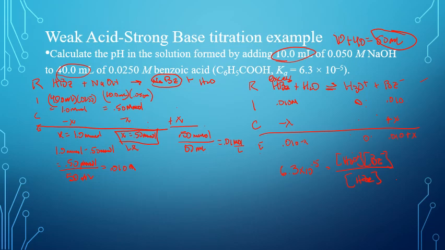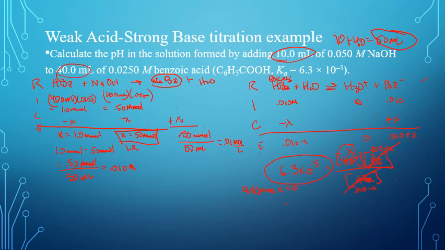So at this point, I can plug in, here's my value for x, this would be 0.010 plus x, 0.010 minus x, but again, we can make the assumption that x is going to be really close to 0. Because this is 0.01, this is 0.01, we know that these two amounts can cancel off, and at that point, my x value is equal to my Ka.